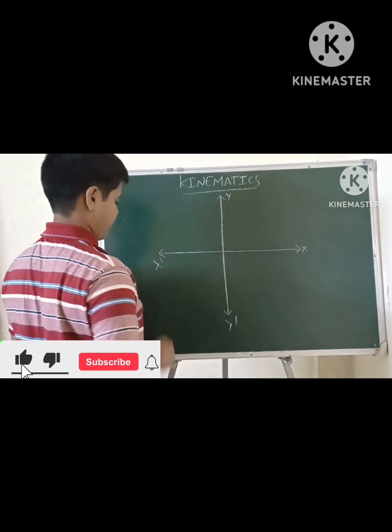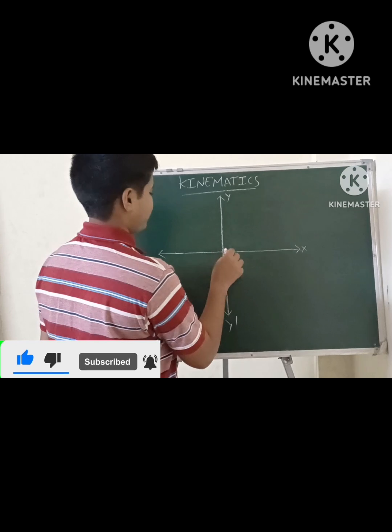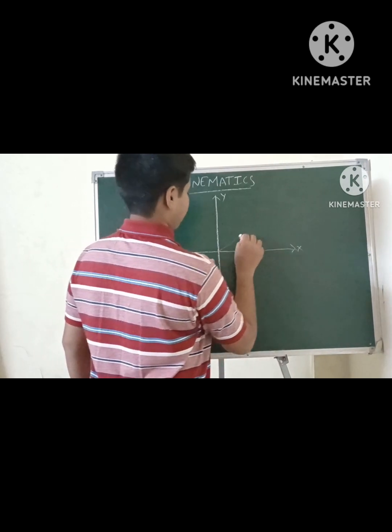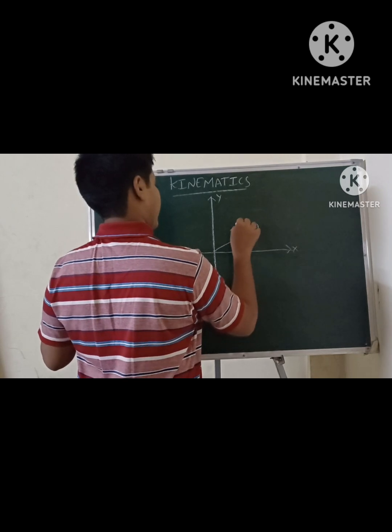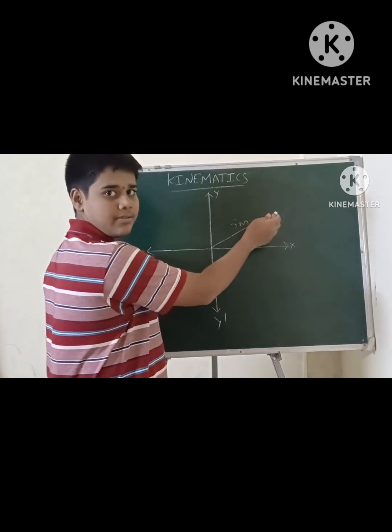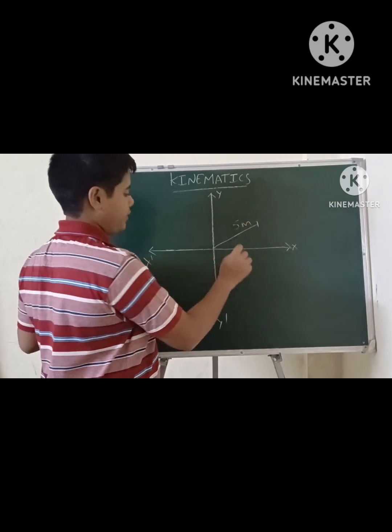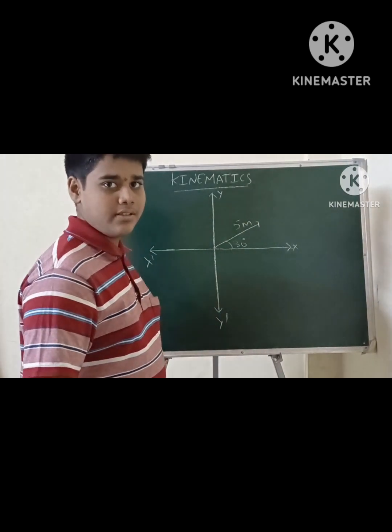Okay? So in questions they will ask like this: if a person goes like this 5 meters with an angle of 30 degrees, okay?